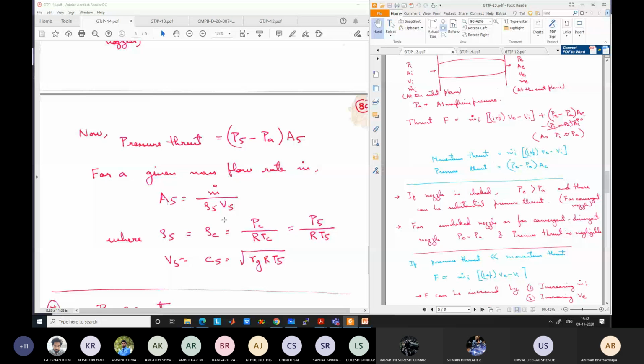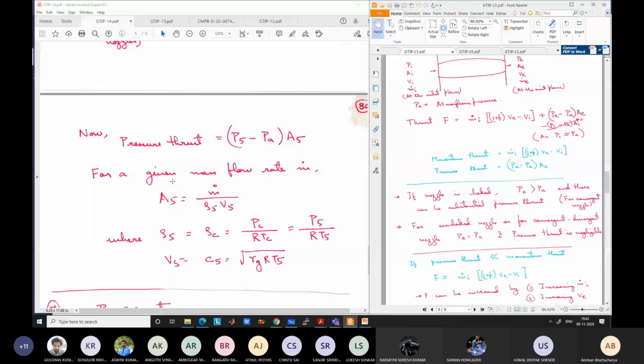M dot is equal to area into density into velocity. So area is equal to mass flow rate by density into velocity. Density at this point is the critical density, because we have already calculated the critical pressure at this point. This is the actual critical pressure P5. So P5 by RT5 is the density rho 5.